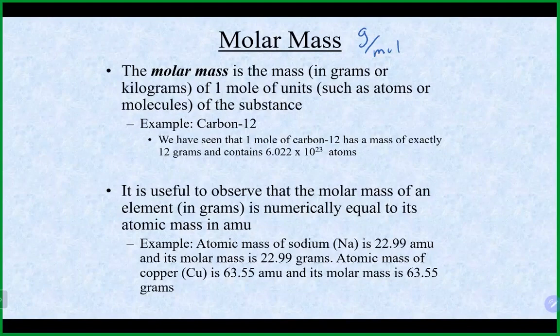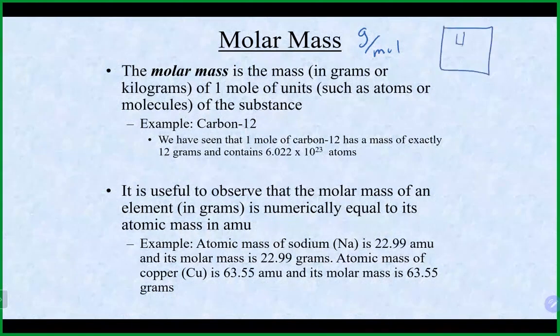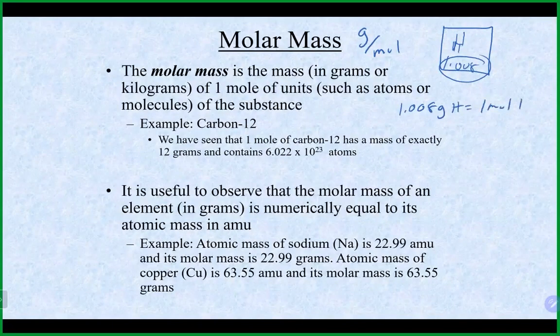So just like when we went to the periodic table and saw that there was 1.008 AMU in an atom, we could go to the periodic table and pull that same 1.008 number off underneath hydrogen and say that there are 1.008 grams of hydrogen in 1 mole of hydrogen.